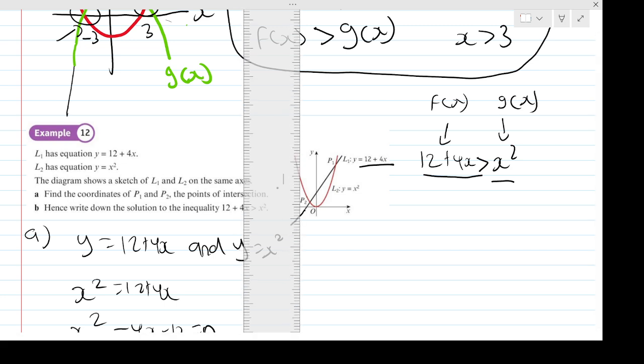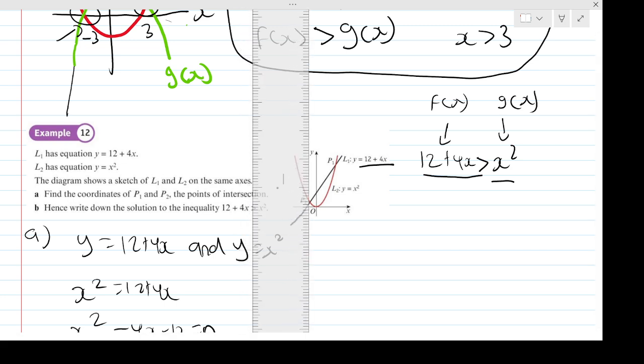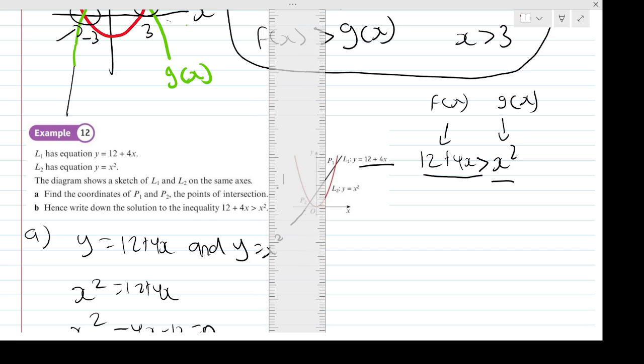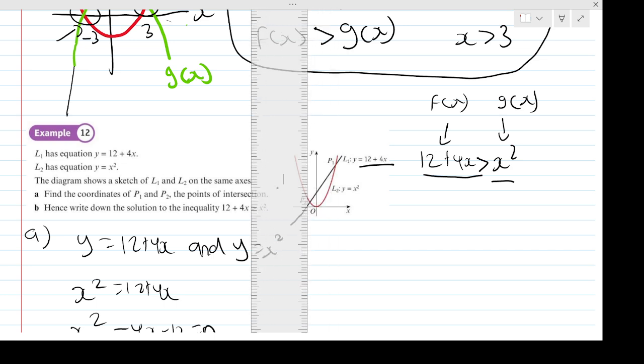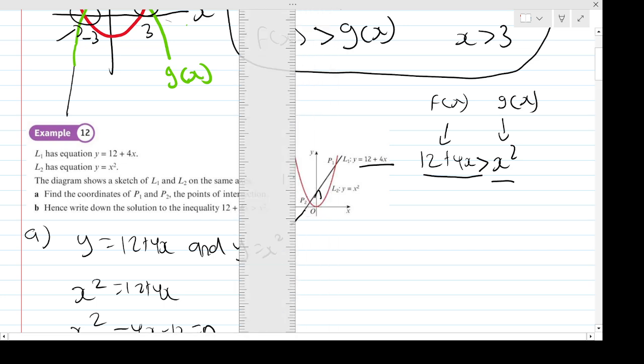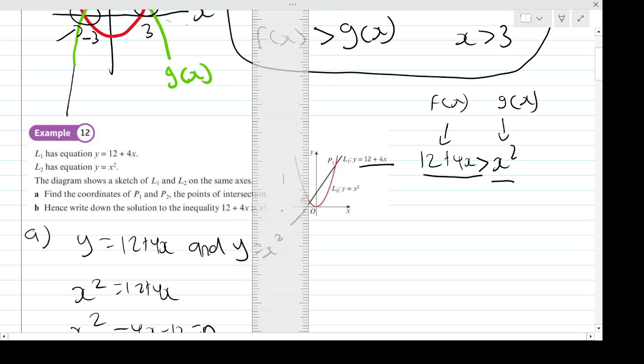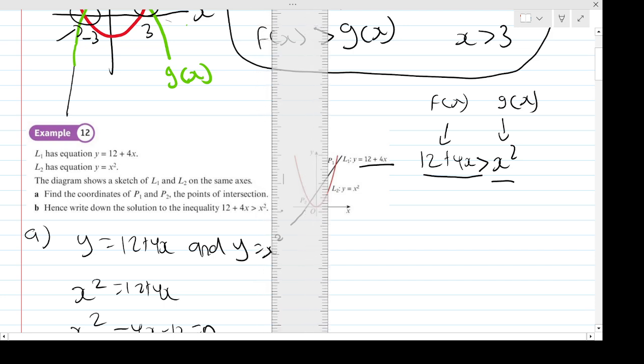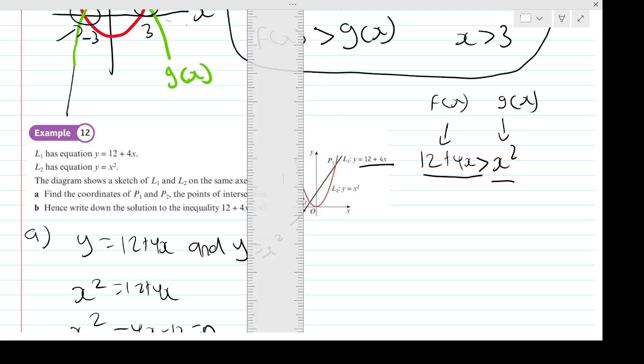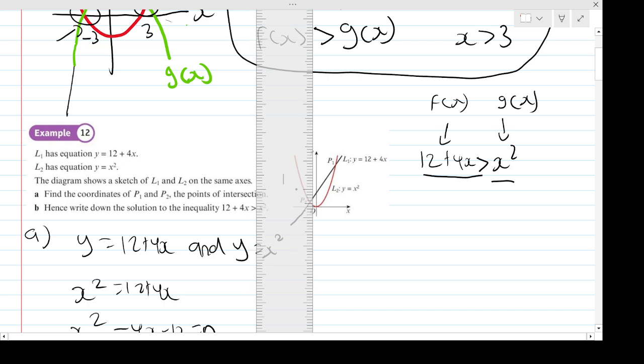Okay, but then we reach P2. What happens then? As we keep moving towards P1, hopefully you spot at this point the gap between the line and the curve. Well, the line is above the curve. The line is greater than the curve. So that means the line, 12 plus 4x, is greater than x squared between P2 and P1.